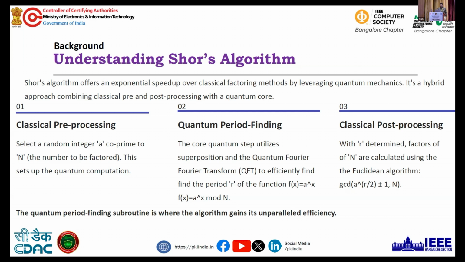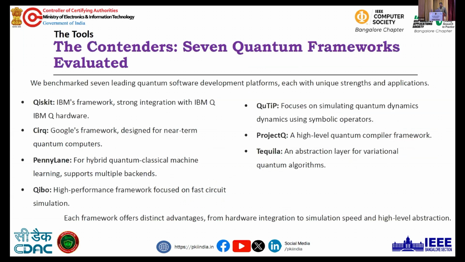The real power lies in the quantum Fourier transform, which accelerates the period finding part, giving an exponential speedup over classical factoring. This is the key role of the quantum Fourier transform in the quantum period finding subroutine of Shor's algorithm against RSA and ECC.